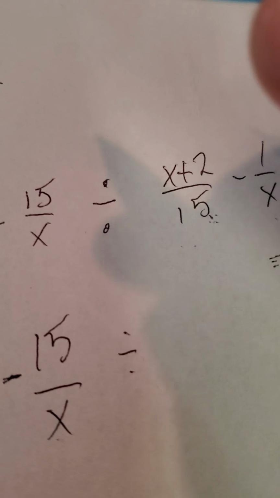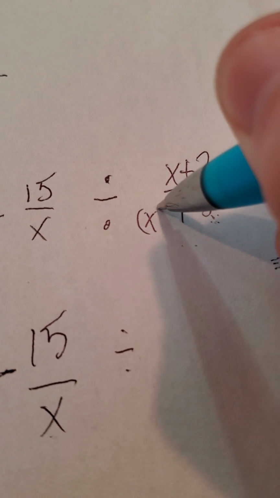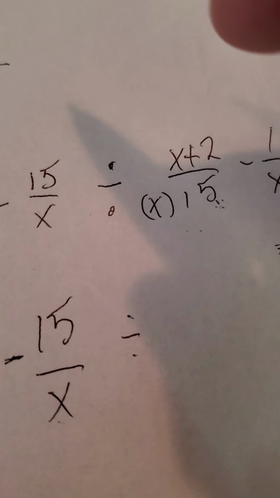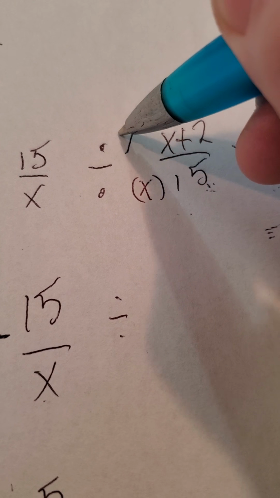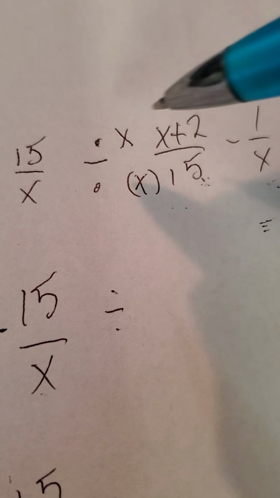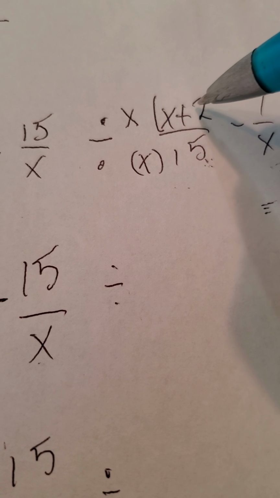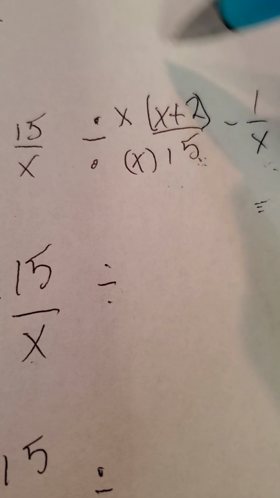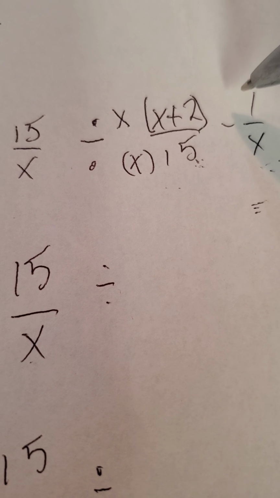Now we go back and ask what's missing from the LCM. I have the 15, but I'm missing the x. So I'm going to multiply this bottom by x. Be careful here: you're multiplying the whole numerator by x, so I'm going to put a parenthesis here so that I know to distribute that x later on.